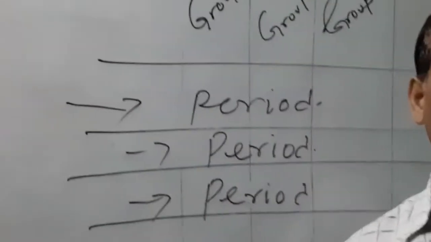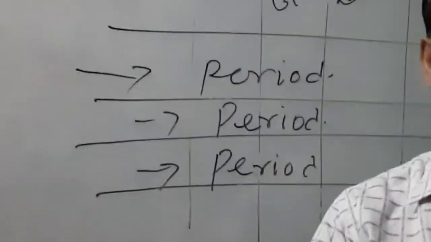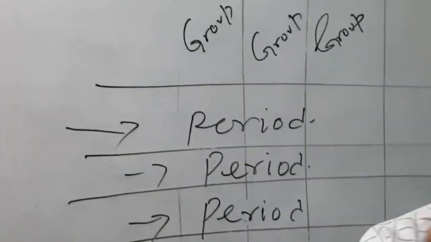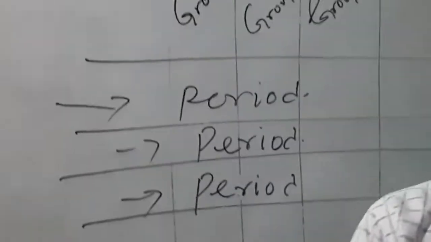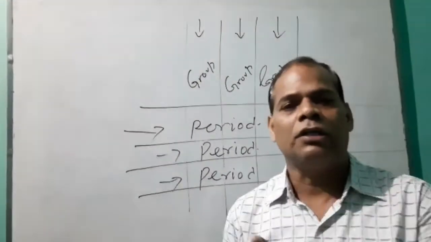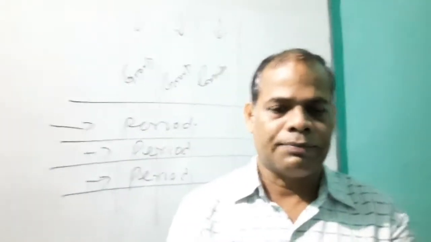So there are 18 groups and 7 periods in the modern periodic table.